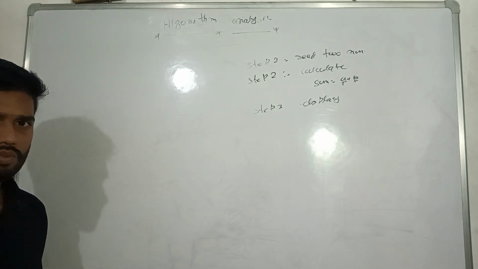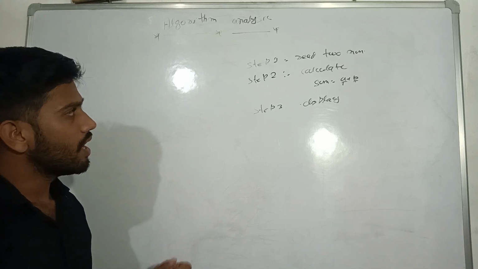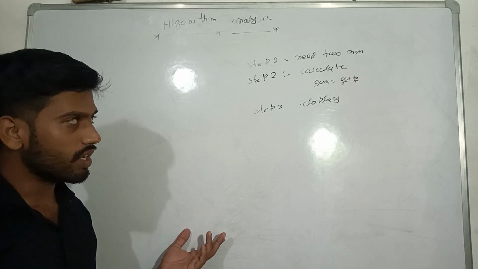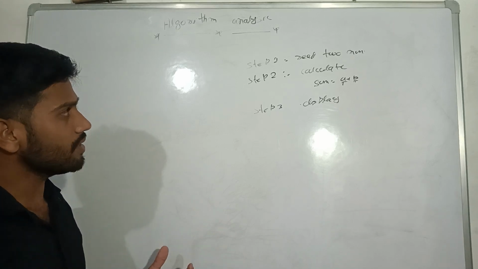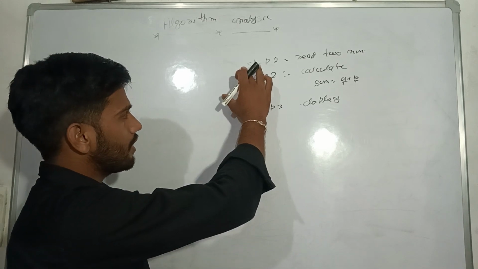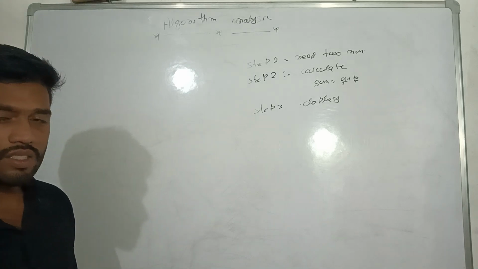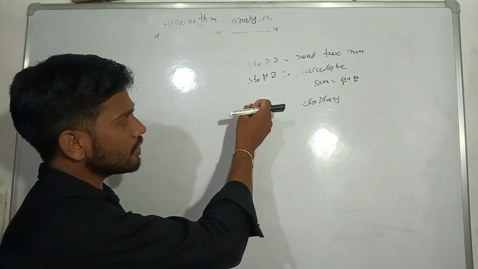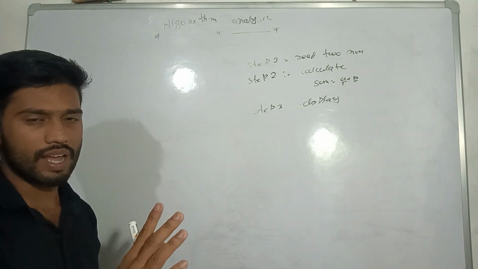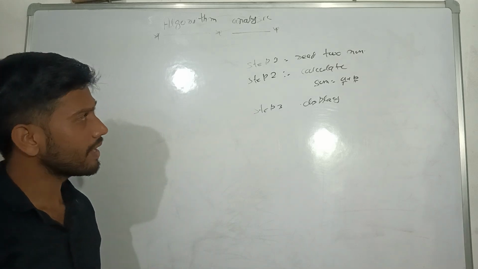Now we'll see the properties of an algorithm. Basically there are many properties of an algorithm, but here we will see a few. First, input. For any algorithm to solve any problem, there are at least zero or at least one input.